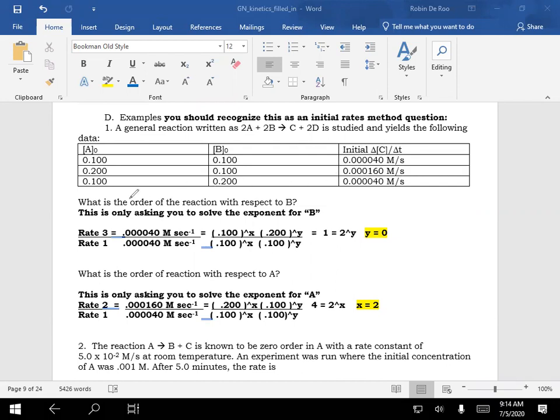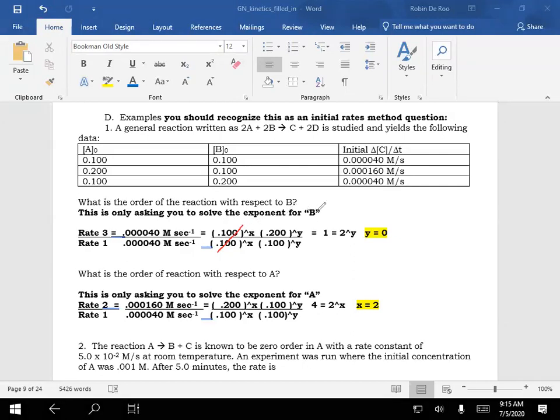The question is asking us specifically with respect to B, so you want to solve this one first. I chose rate 3 over rate 1, because that would cancel.